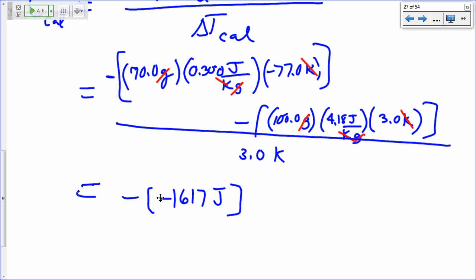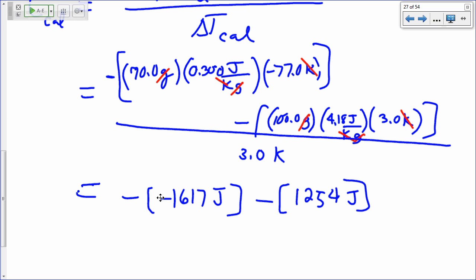The metal was hot, it got cold. So heat flow, we say there was a heat flow out of the metal. Okay? Minus Q of water is how much? 1,254 joules. Positive, right? Why positive?